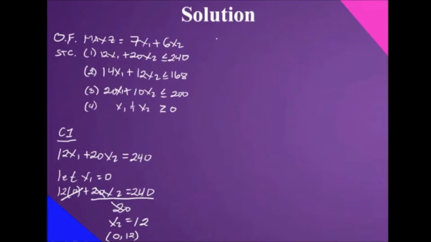So, let x sub 2 naman, dito tayo sa kabila. Let x sub 2 to be 0. And copy ulit ang ating equation. We have 12 x sub 1 plus 20 multiplied to 0. Equate na natin sila sa 240. Basically, cancel ito. Then, divide natin both sides by 12. So, cancel, and x sub 1 natin will be 240 divided by 12.